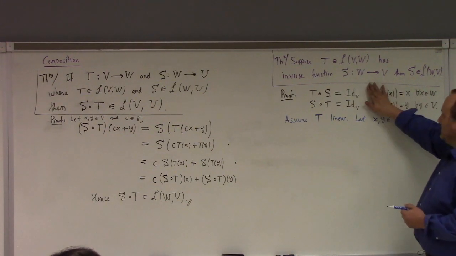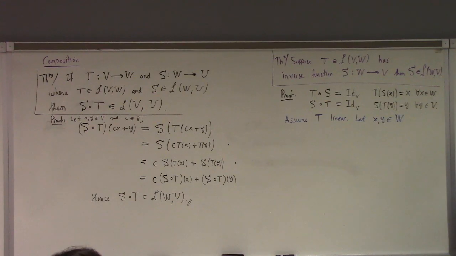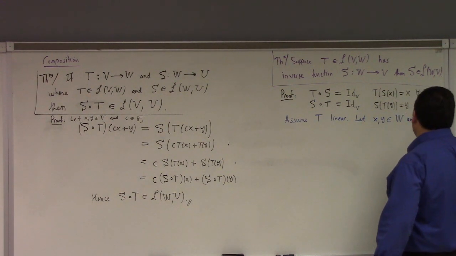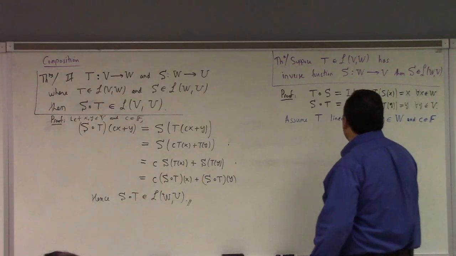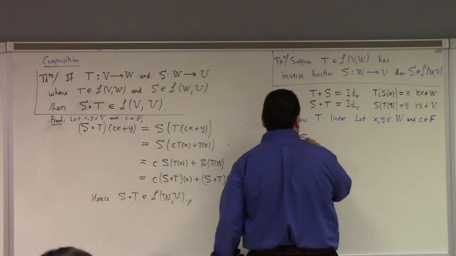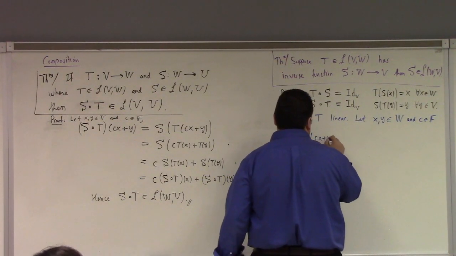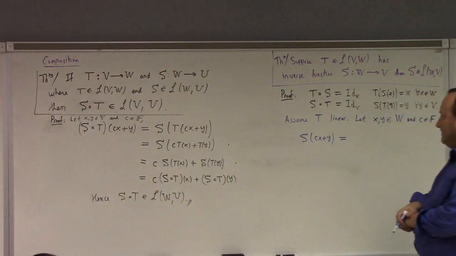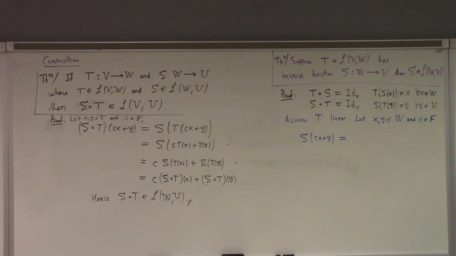Not the same y, obviously. All right, fine. Let x and y be elements of W and c in the field. Let's look at S of cx plus y. So what game can we play here?